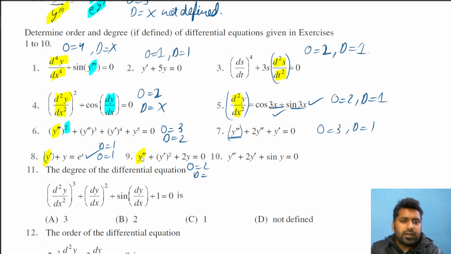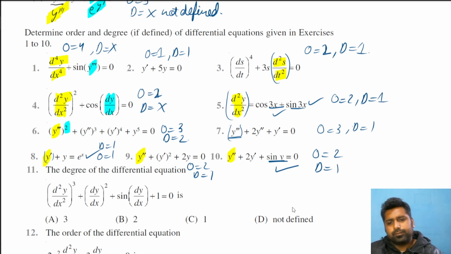That's 1. Here also y double dash, 2 y dash, sine y. Sine is involved with y, it's okay. It cannot be involved with y dash, y double dash, y triple dash. So this is again okay. That means the order is the highest order derivative, that's 2, and degree is also defined. What is the power available for this? 1. Okay.